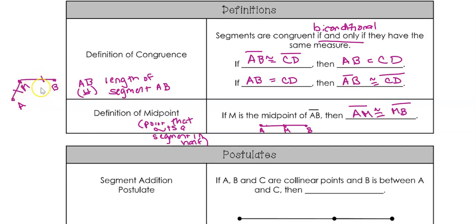I know the drawing isn't great, but if they were the same length, that's still not the midpoint because I didn't have an original line in the first place. So this is a counterexample for why you can't take the converse, remember converse means to flip, of this statement. Because there could be situations where you have two segments that are congruent, but you don't actually have a midpoint.